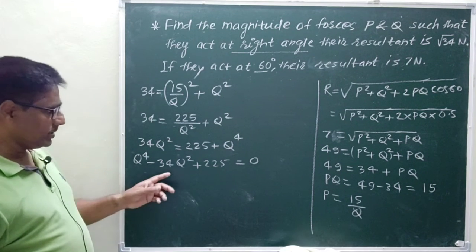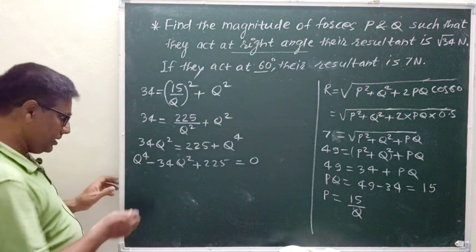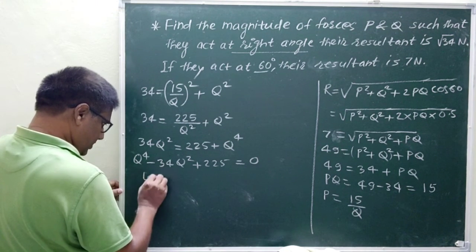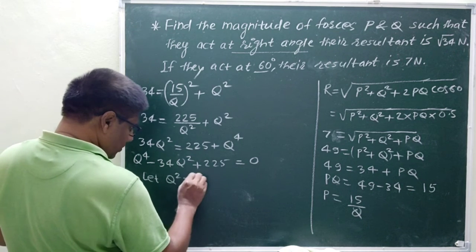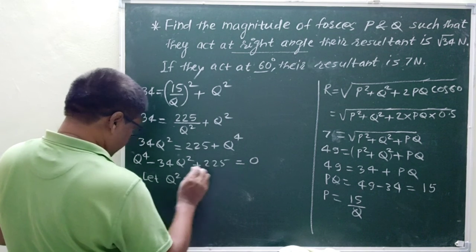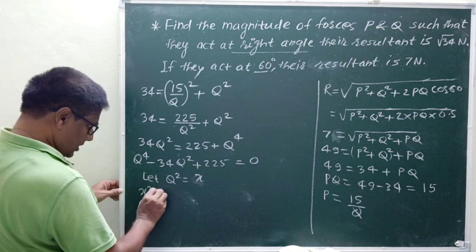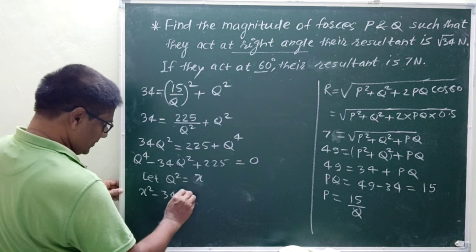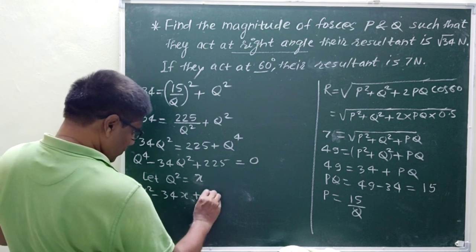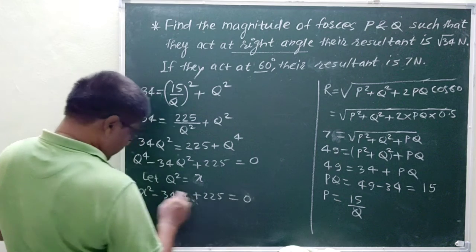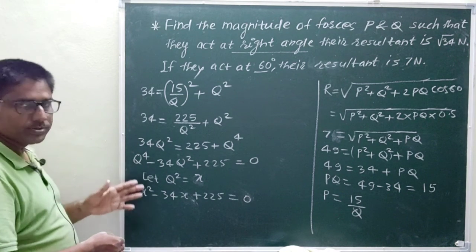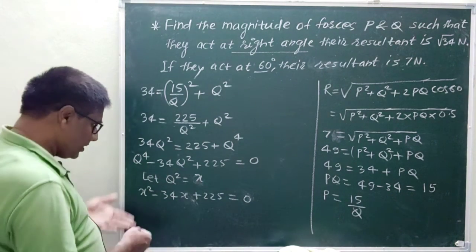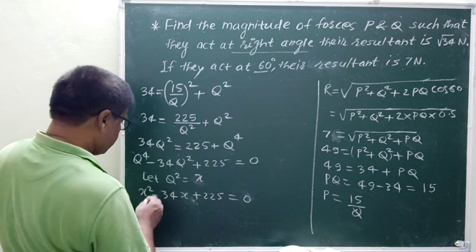If you look at this equation, this is a quadratic equation. Let's make it simple. Let Q square is equal to x, then this will become x square minus 34x plus 225. If we solve this quadratic equation for x, we get the value of Q square, then ultimately we can get the value of Q also.